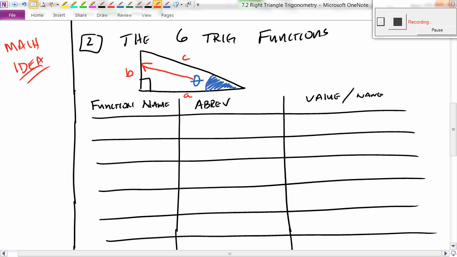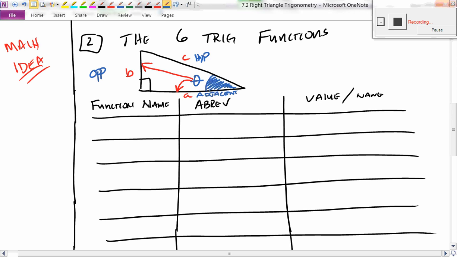What do we call that leg? The opposite leg. Good. What do we call the leg that is next to the angle in question? The adjacent. Good. And then, of course, the other side is just the hypotenuse.